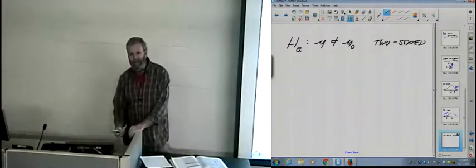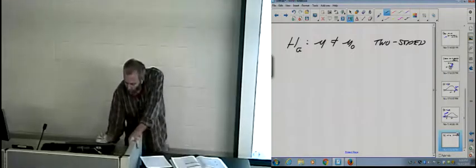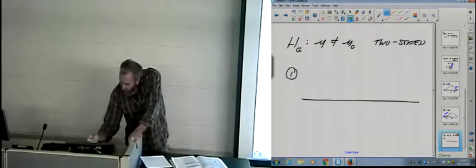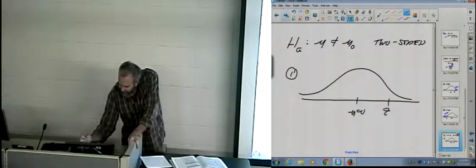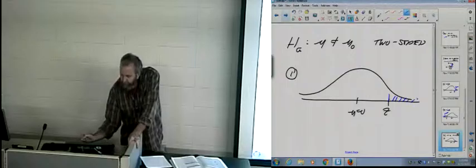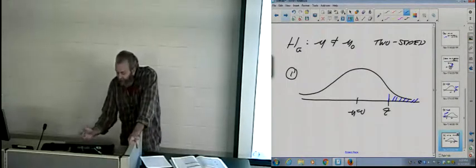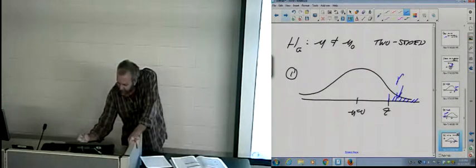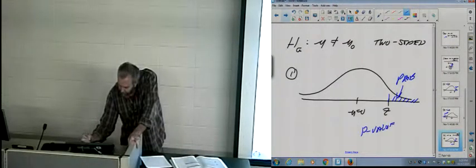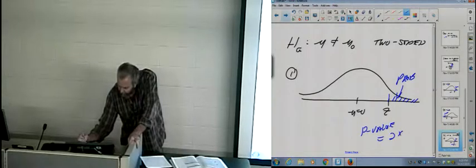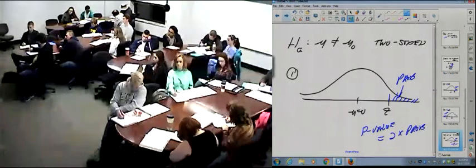So one of two things can happen here. One, you could have gotten a positive z-score, and you find this area here. Now, I'm going to call that some probability here, because your p-value is going to be 2 times that amount.